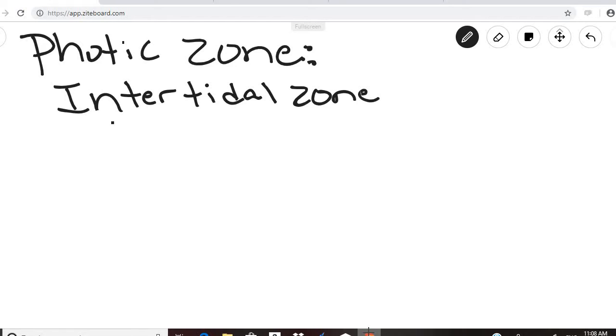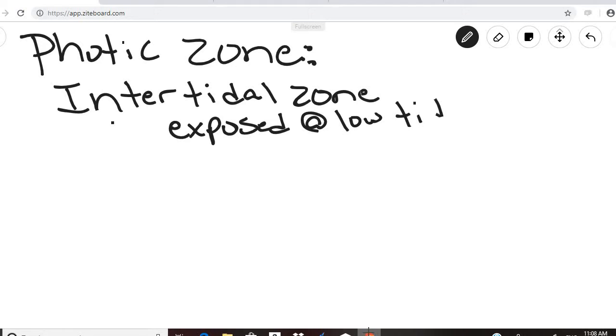So this area is exposed at low tide and it's covered at high tide. We'll look at our picture again in a minute.